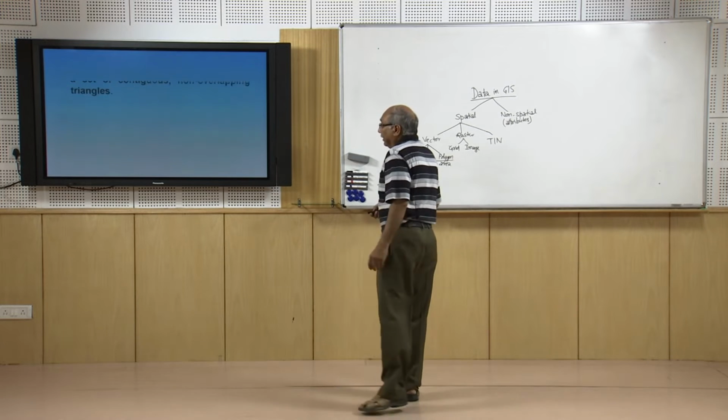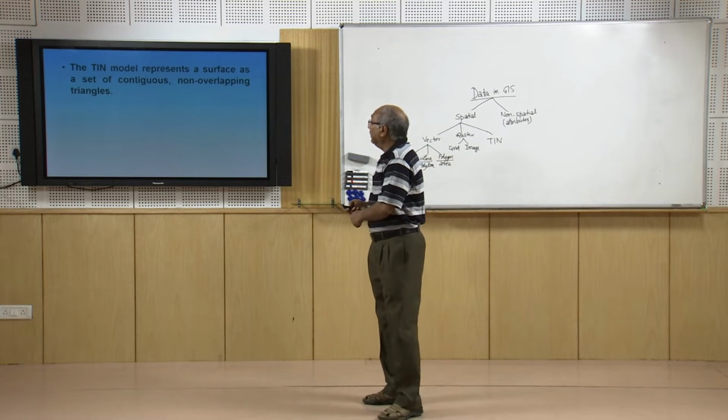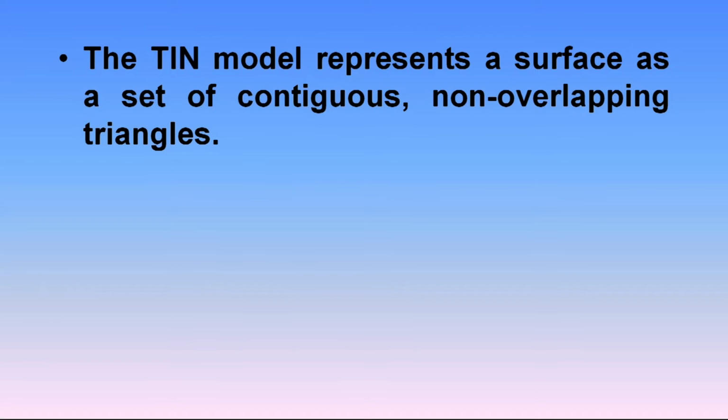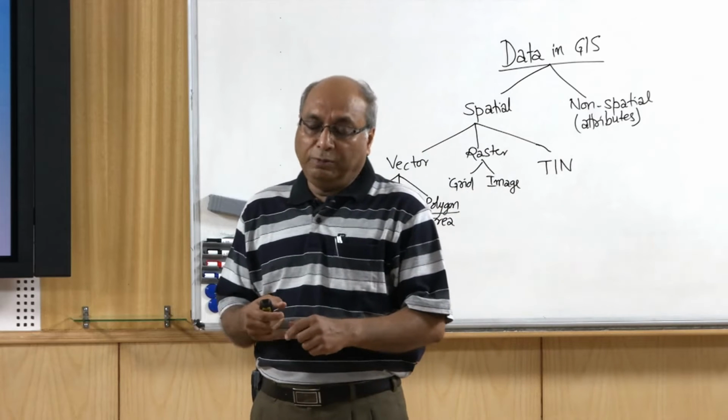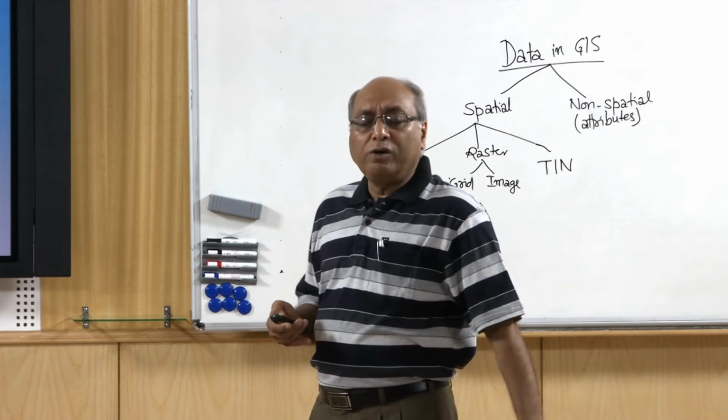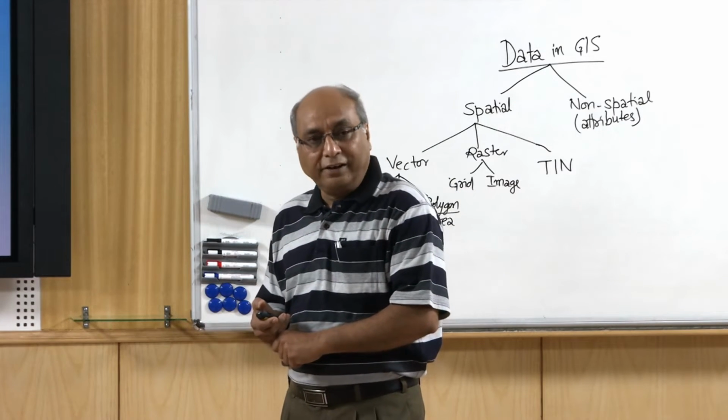A TIN represents a terrain surface as a set of contiguous and non-overlapping triangles. No triangle will overlap a neighboring triangle. This is almost the same condition as in raster data.